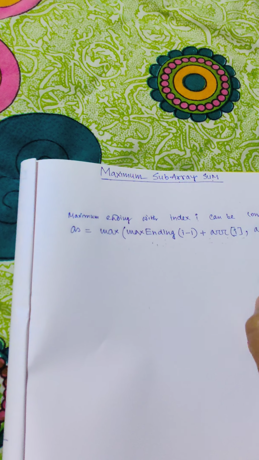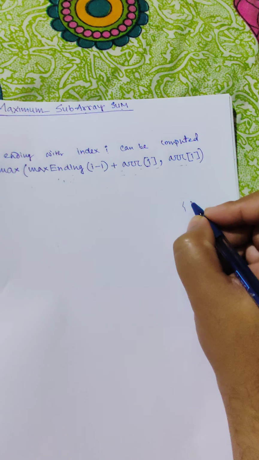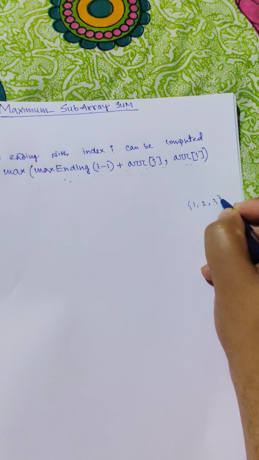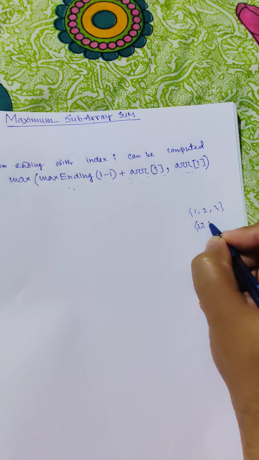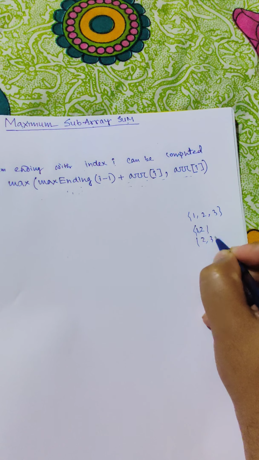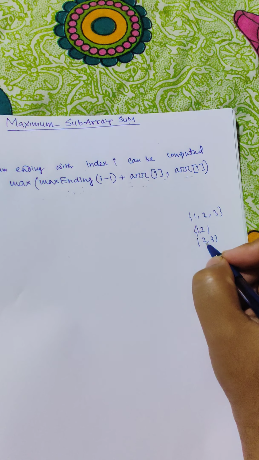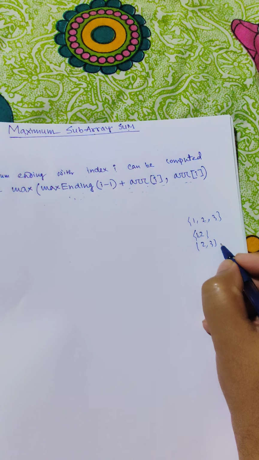For example, if we have some array like 1 2 3, then a subarray could be 1 2, a subarray could be 2 3, because 2 3 is a continuous location.